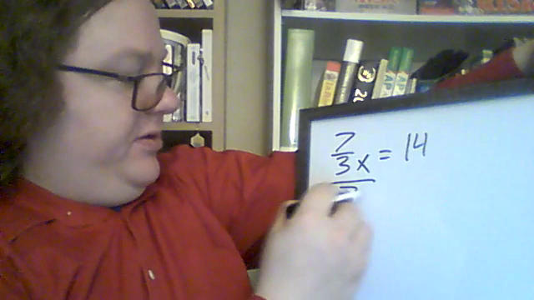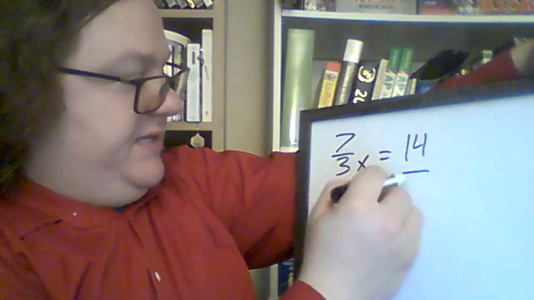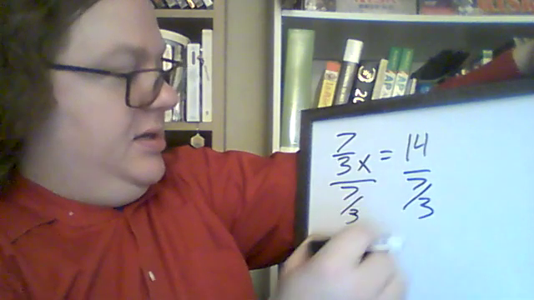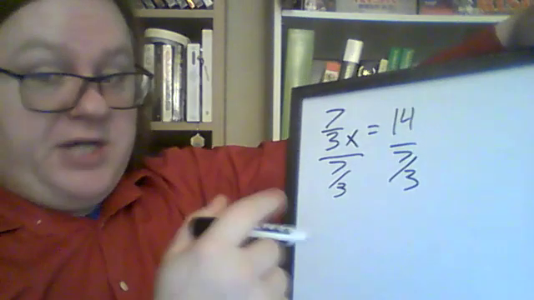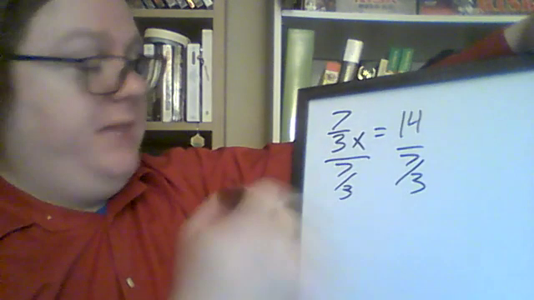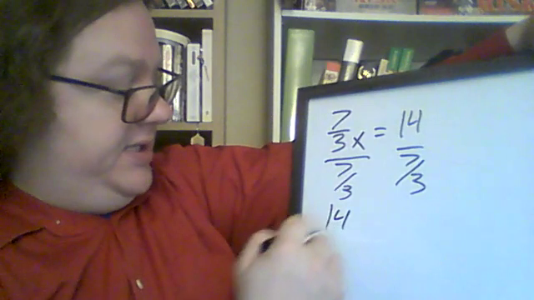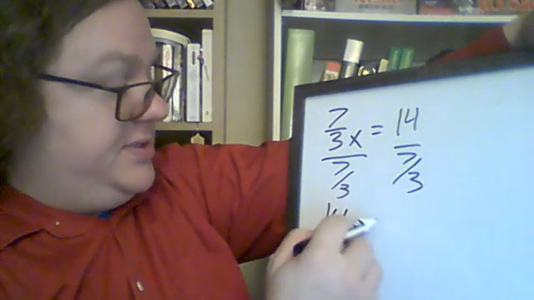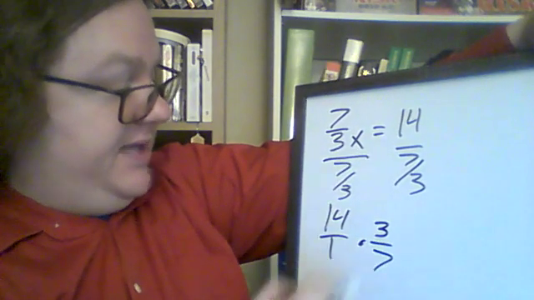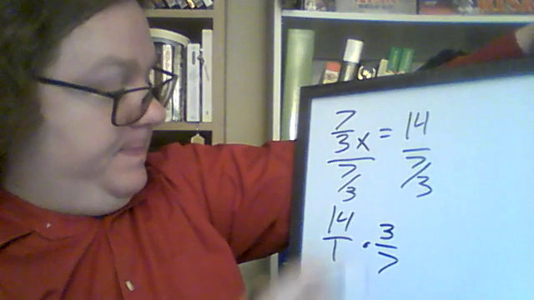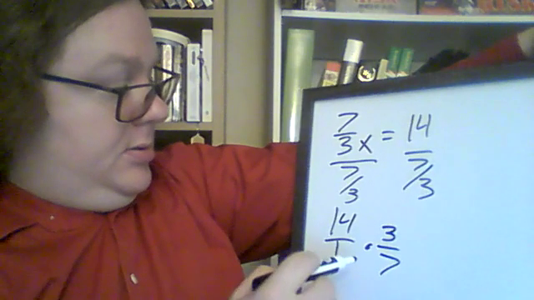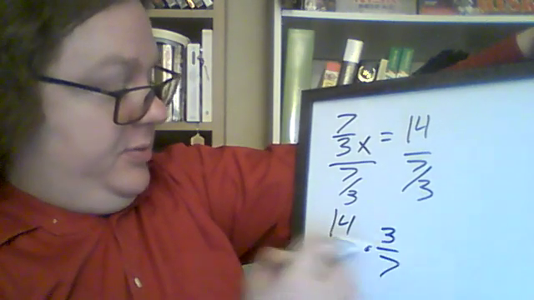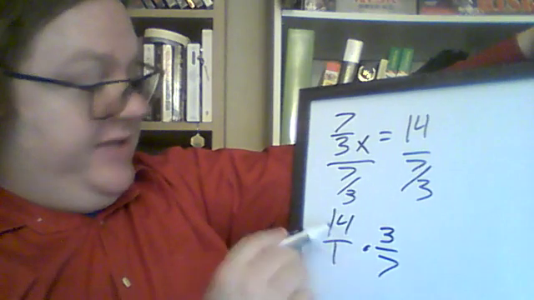Divide by 7/3. Divide by 7/3. Now, if you remember, dividing by a fraction means you flip the second fraction and multiply it. So we're going to go 14 over 1 times 3 over 7. Okay. 14 times 3, well, look at this. 14 divided by 7 is a pretty easy division.